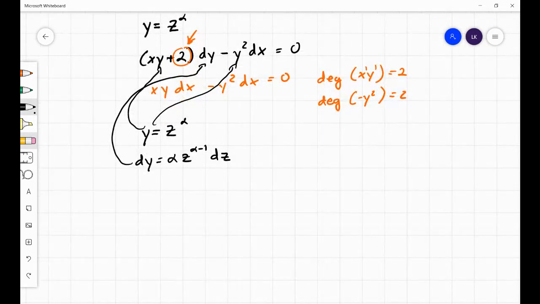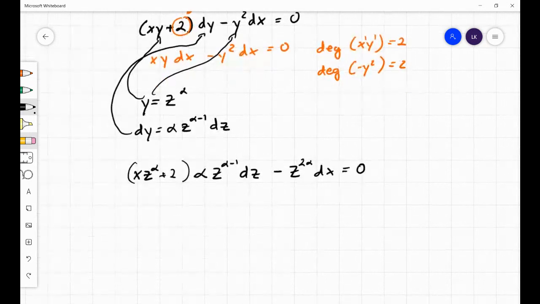Okay, so x times y becomes x times z to the alpha plus 2. dy is equal to alpha z to the alpha minus 1 dz, minus y squared, where y squared becomes z to the 2 alpha. So we've completed the substitution. There are no more y's left or dy's. Okay, so let's distribute.